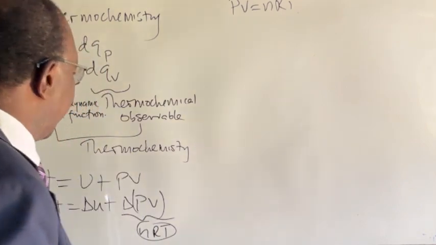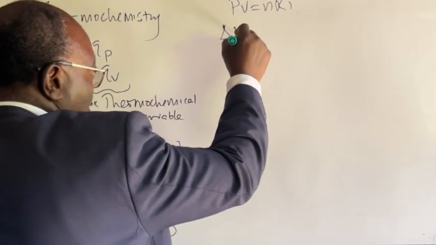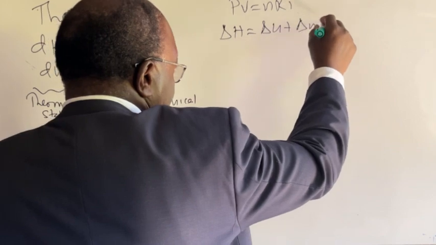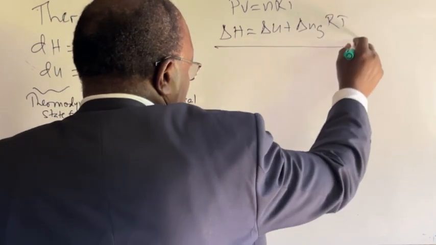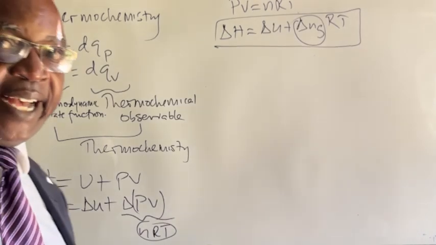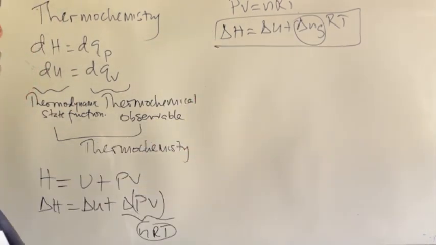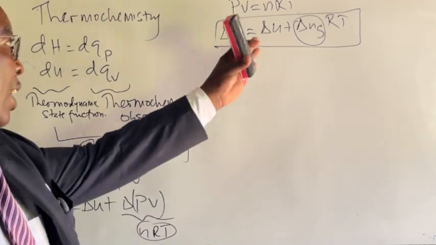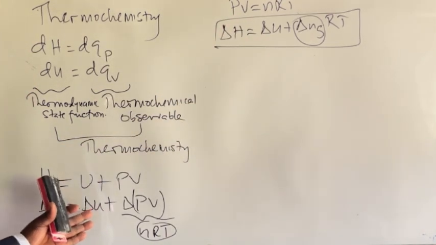If that is the case, then delta H will be equal to delta U plus delta n gas RT. And so you look at the changes in the number of moles of the gaseous phase from your reaction stoichiometry. So it is very easy to calculate delta U once you know delta H.